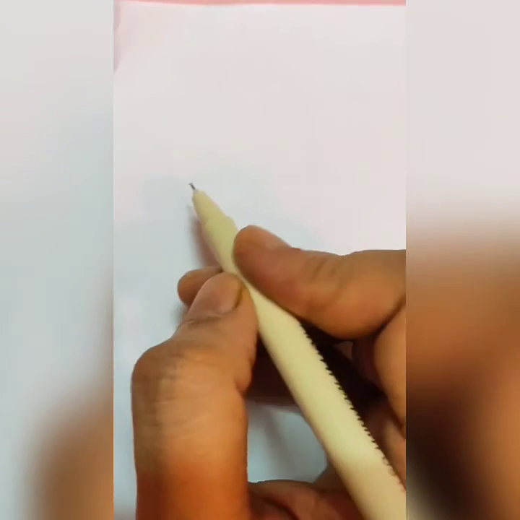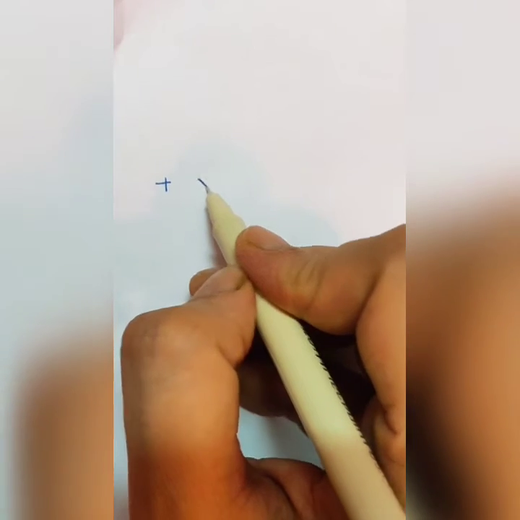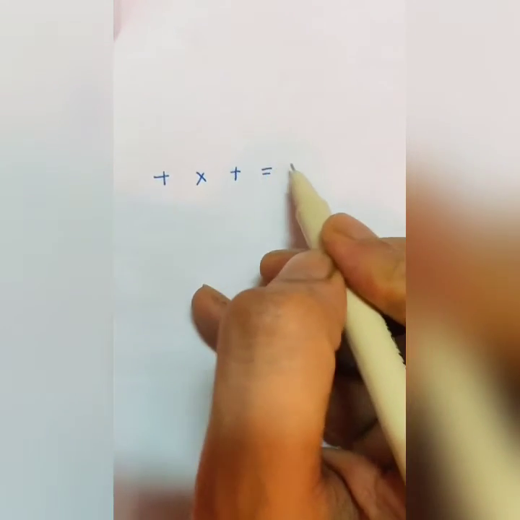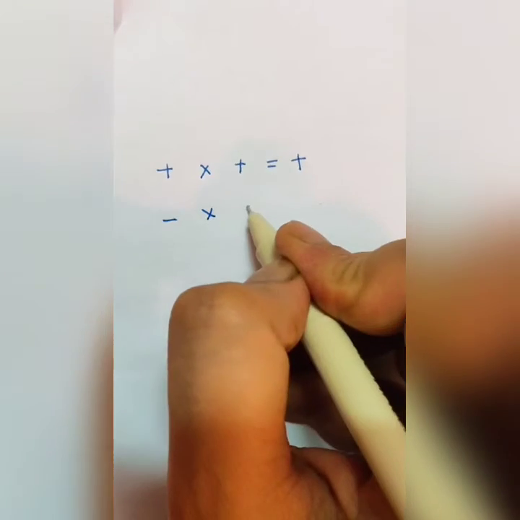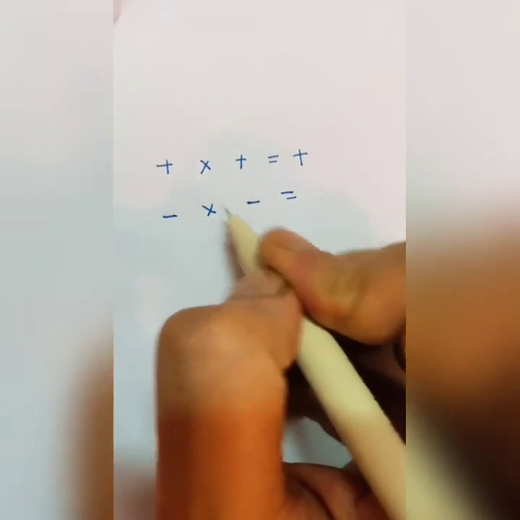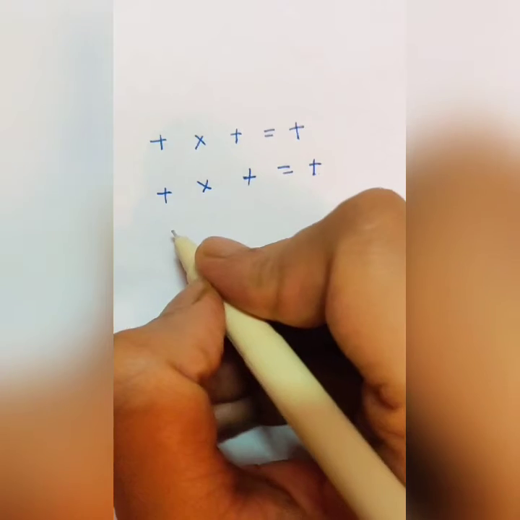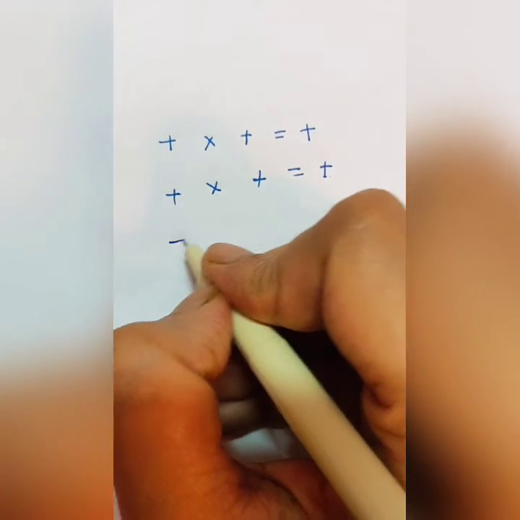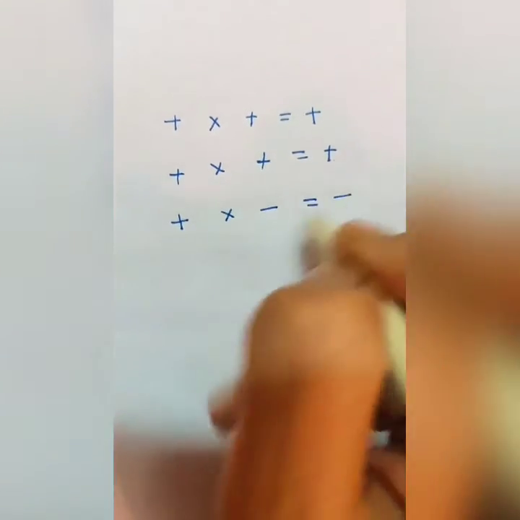Now keep in mind one thing, when you multiply two numbers, if you are multiplying a plus and a plus, the answer is plus. If you multiply a minus and a minus, the minuses cancel out, we are left with plus. If we are multiplying a plus and a minus, the answer is minus.